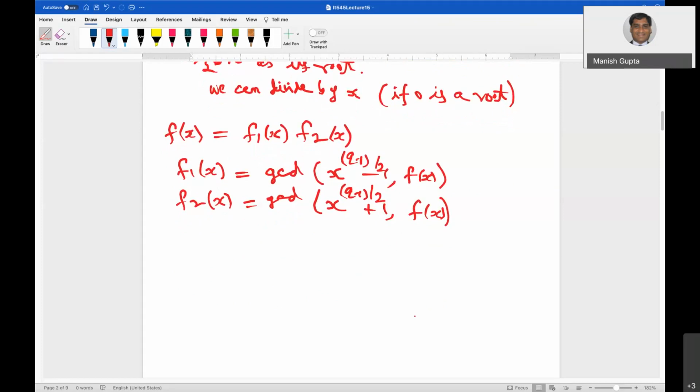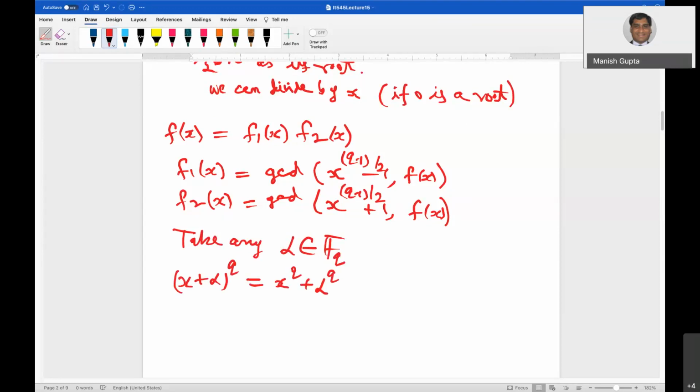Now we choose randomly, take any alpha in Fq, and then compute (x plus alpha) raised to the power q. What is (x plus alpha) raised to the power q? Since the characteristic of the field is q, this will be nothing but x raised to the power q plus alpha raised to the power q.